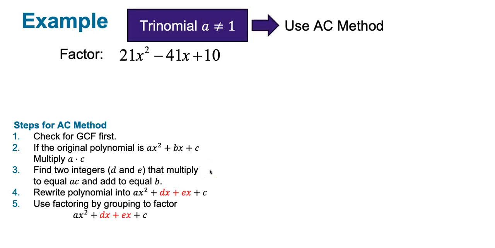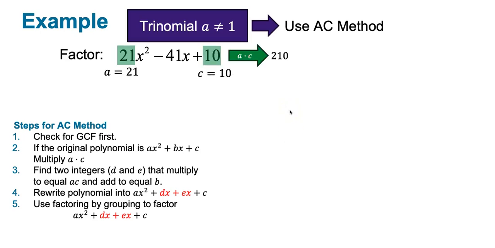Let's use the steps for the AC method. First, we must check for GCF, but we already did that. Second, we multiply a times c, which is 210. Next, we must find two numbers that multiply to equal 210 and add to equal the middle term, negative 41.